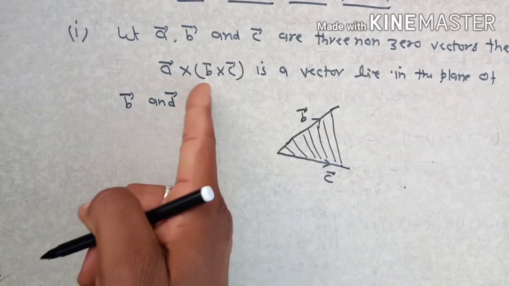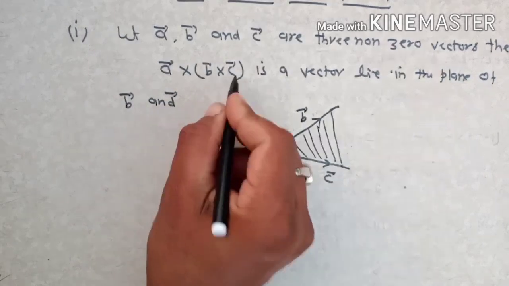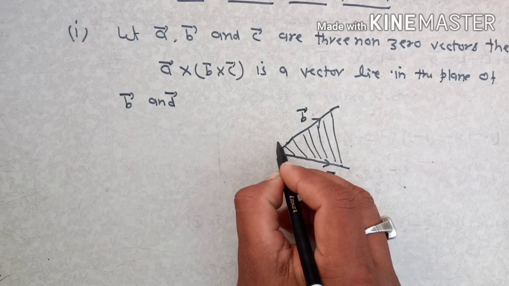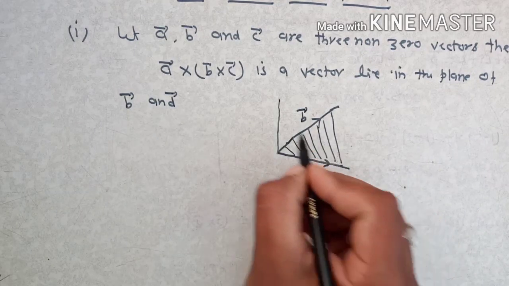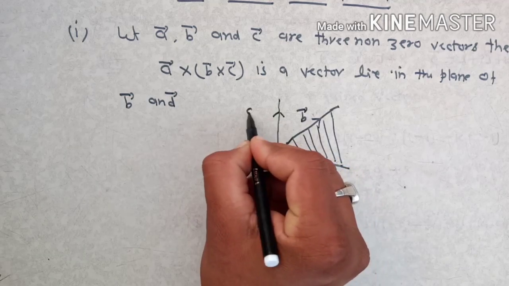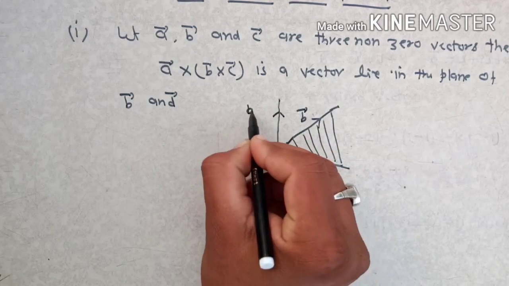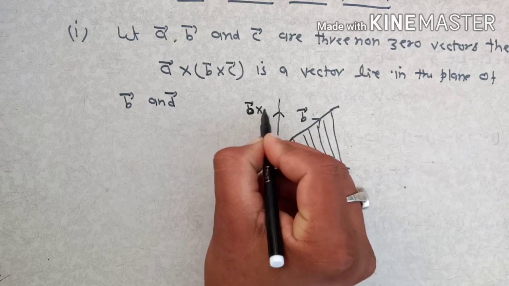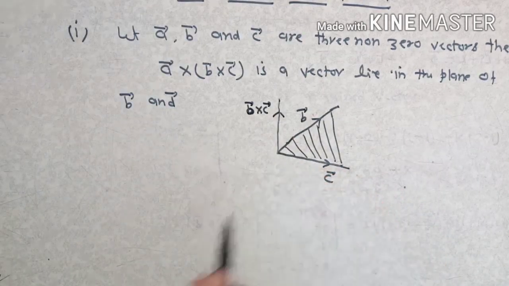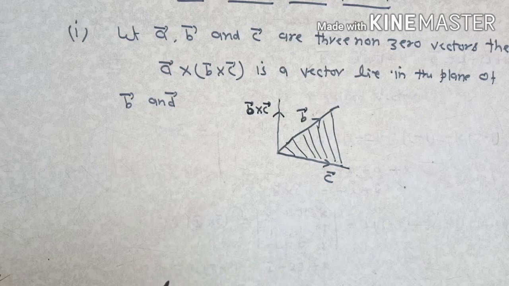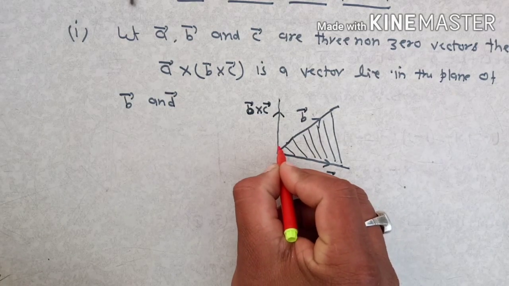The cross product of B cross C is perpendicular to the plane of vector B and vector C. This is the direction of vector B cross vector C, which is perpendicular to the plane.